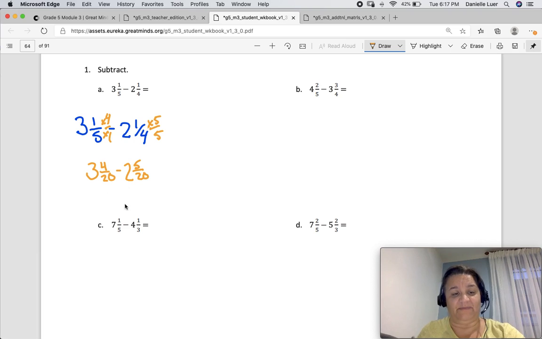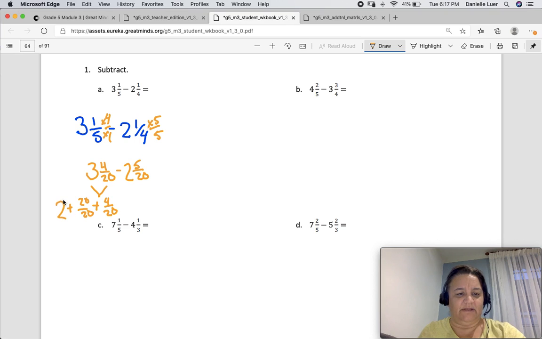So what are we going to do? Well, we have a couple options. This is the one that we're going to do first. We know that 3, we can really think of 3 as 2 plus 1, and 1 as 20 20ths, right? And if we can do that, then we can think of it as borrowing. Well, some people call it borrowing.